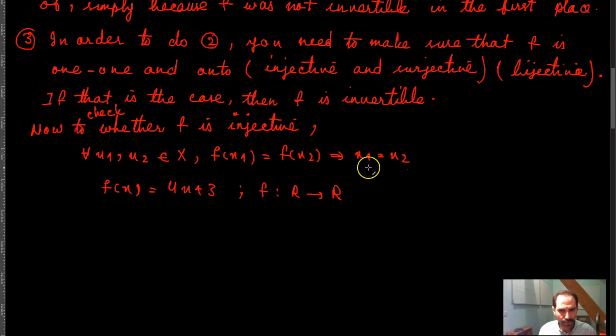Since I want to prove this, of course, this is a conditional statement, meaning that there is one statement over here, one statement over here, and this is an implication.